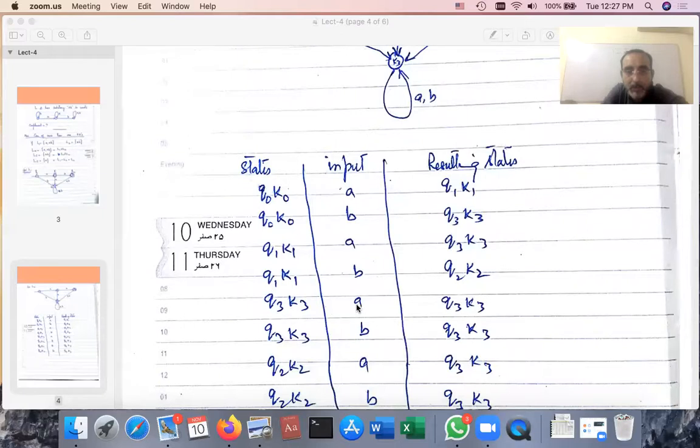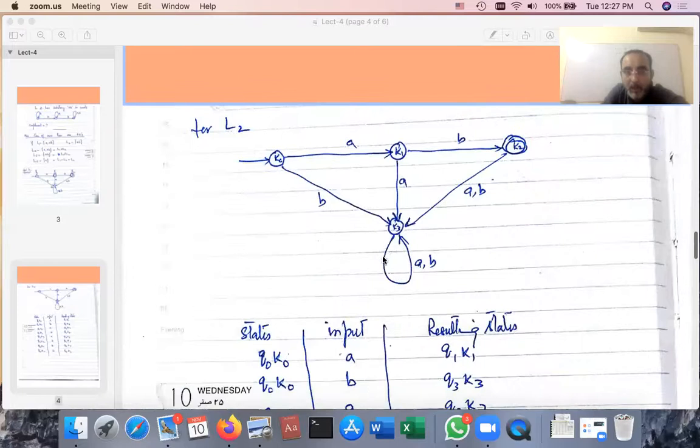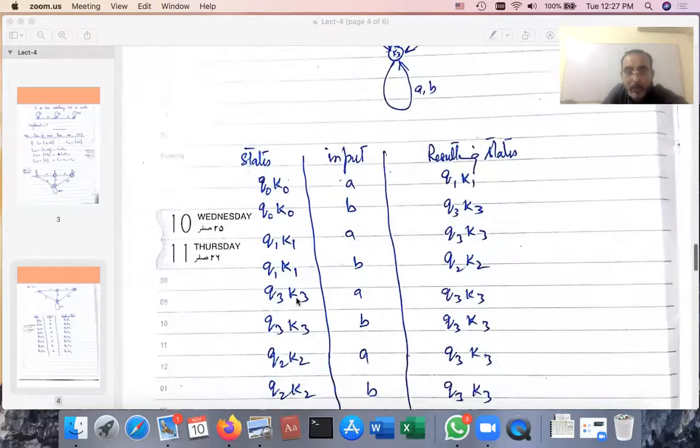After having A on Q3, I reach Q3. On K3, after A and B both, I reach K3. So Q3, K3 on A goes to Q3, K3. And over Q3, K3, checking B again gives Q3, K3.